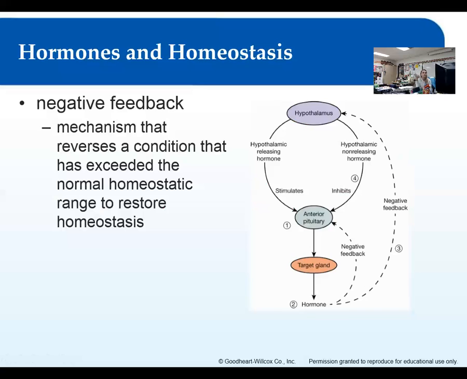We don't need to keep going with this. In turn, the hypothalamus tells the pituitary gland to slow down, inhibiting it from doing its job. That's how they work. It's constantly checking levels: do we need more of this, or do we not need more of this? It's a constant system that's working.